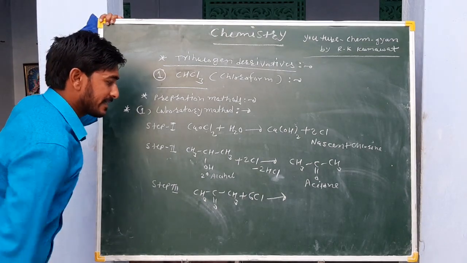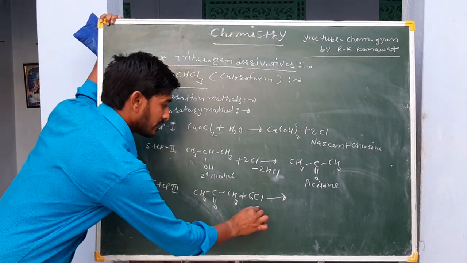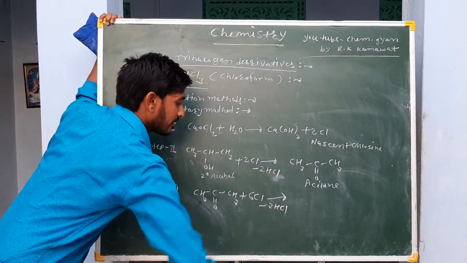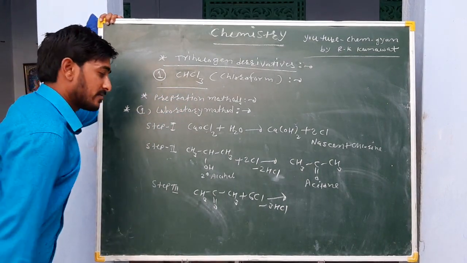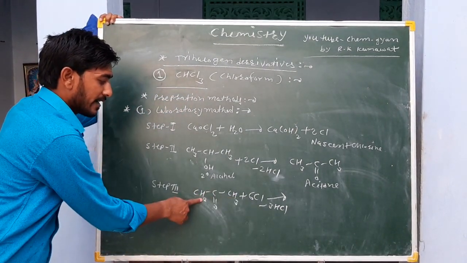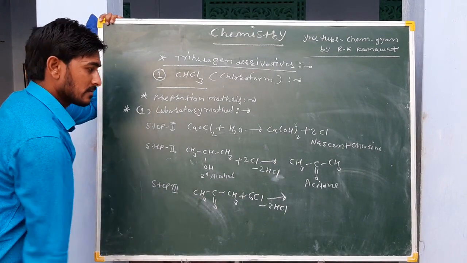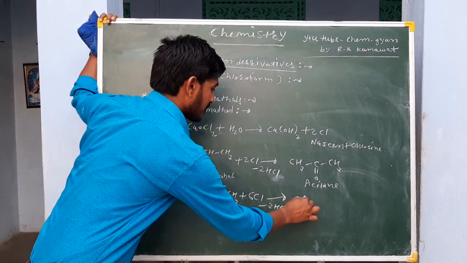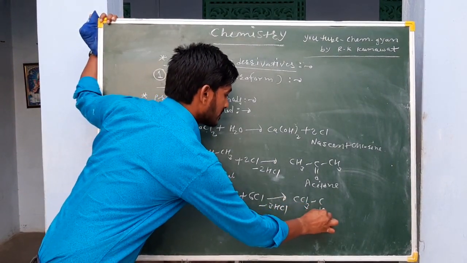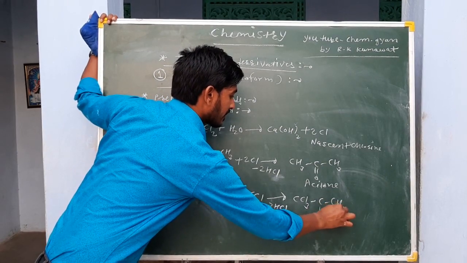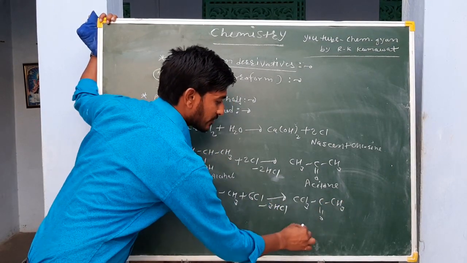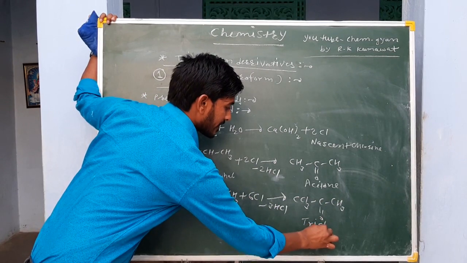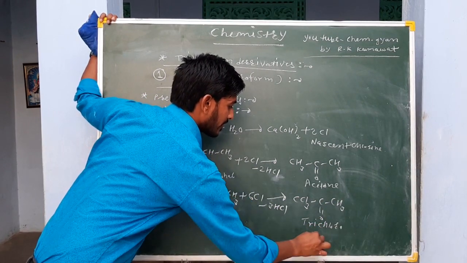Hydrogen atoms add Cl, 3 HCl molecules are removed, and 3 Cl atoms replace 3 hydrogen atoms, and the product formed is CCl3COCH3, which means trichloroacetone.